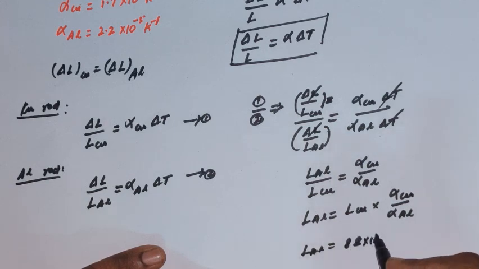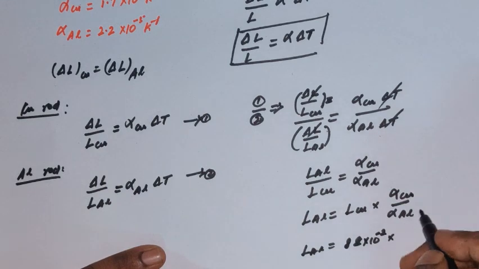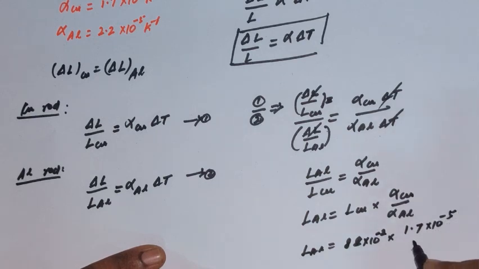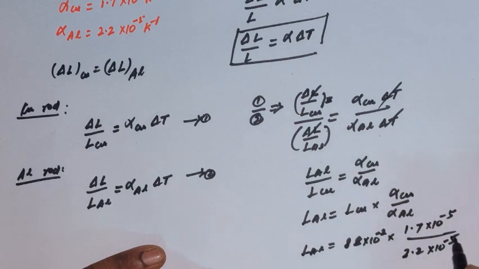Converting into meter, it is 88 times 10 power minus 2, times alpha of copper, 1.7 into 10 power minus 5, divided by alpha of aluminum, 2.2 into 10 power minus 5. We can cancel the 10 power minus 5.